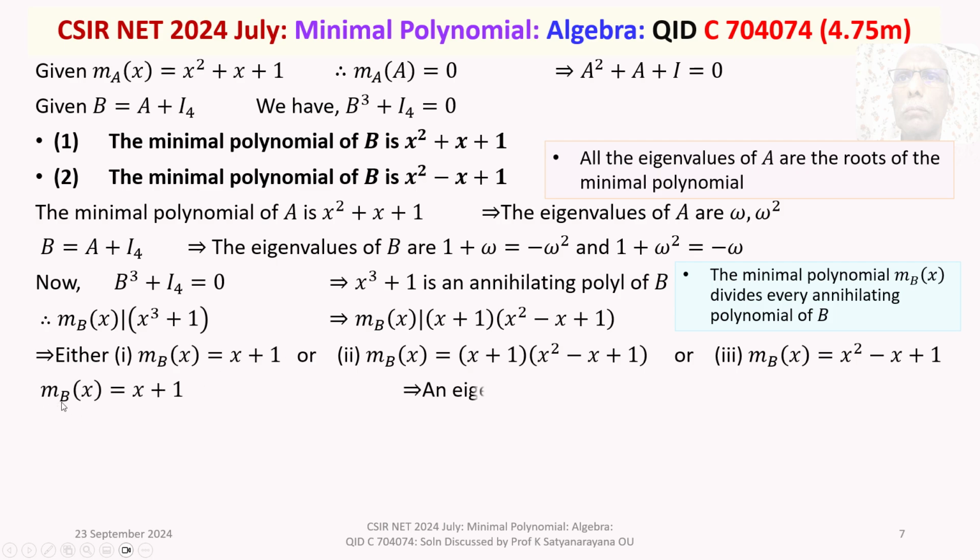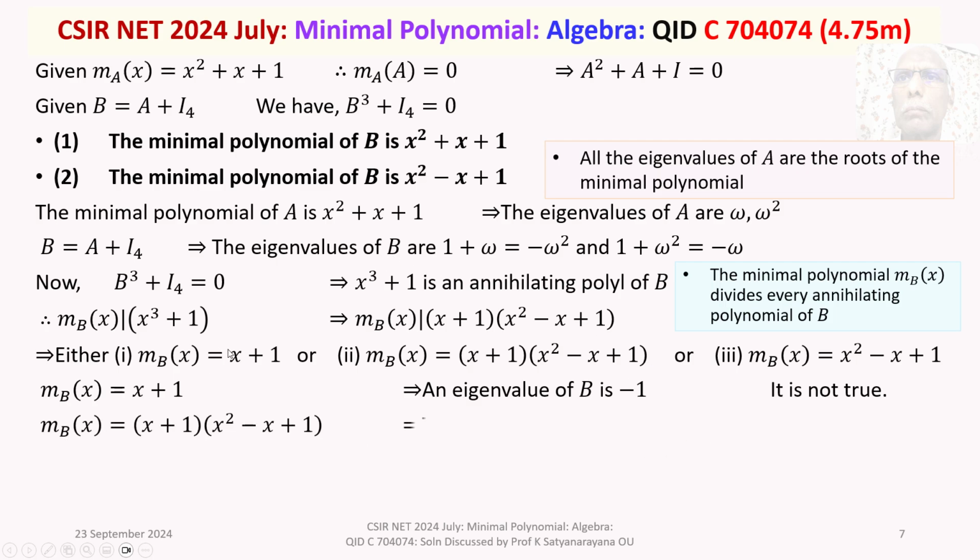Now, if the minimal polynomial of B is x plus 1, then an eigenvalue of B will be minus 1, which is not true. The eigenvalues of B are minus omega square and minus omega. So minus 1 is not an eigenvalue of B. Therefore, it is not true.